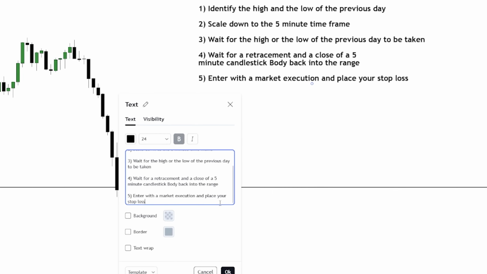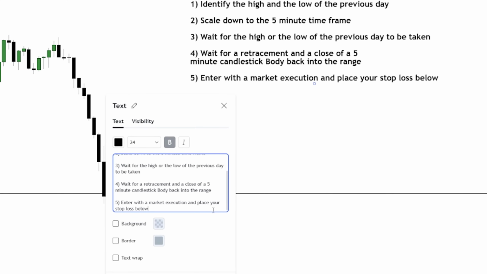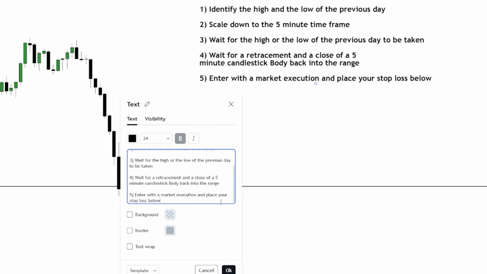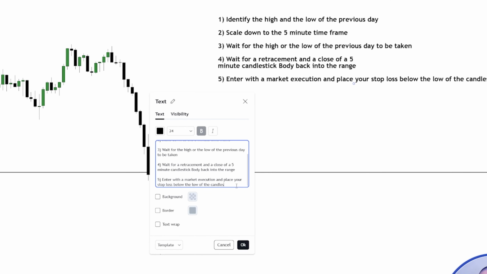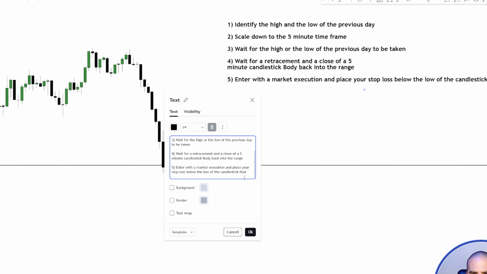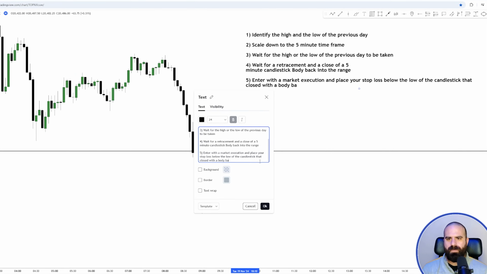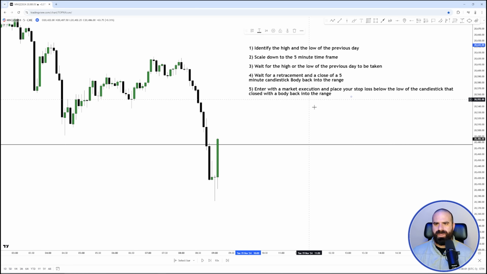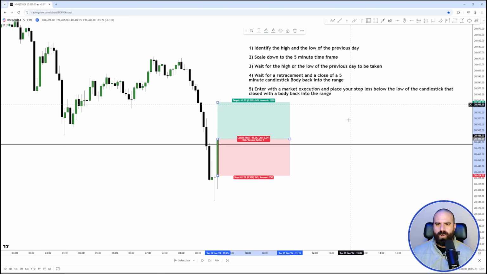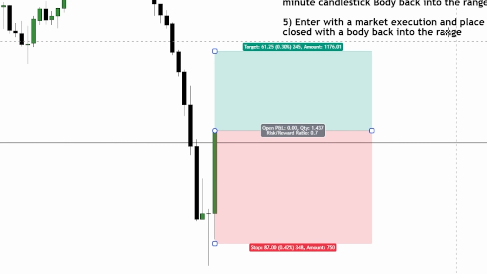Place your stop loss below, in this occasion below because we are buying, in the other occasion which we're gonna show later above the high, below the low of the candlestick that closed with a body back into the range. Simple as that. Those are our rules until here. So what are we doing? We are buying with the market execution and the stop loss is going below this candlestick.